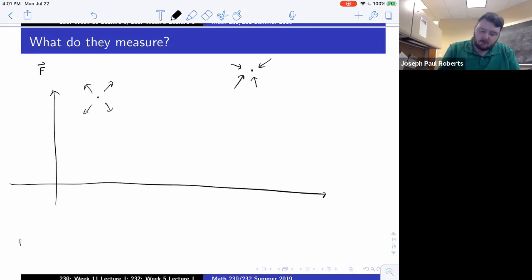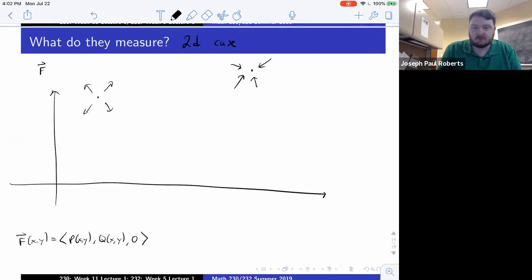So again, let's focus on the 2D case where our vector field depends on x and y only, and there's no R function. So R is just 0. That's how you could think of a 2D vector field as a special case of a 3D vector field.